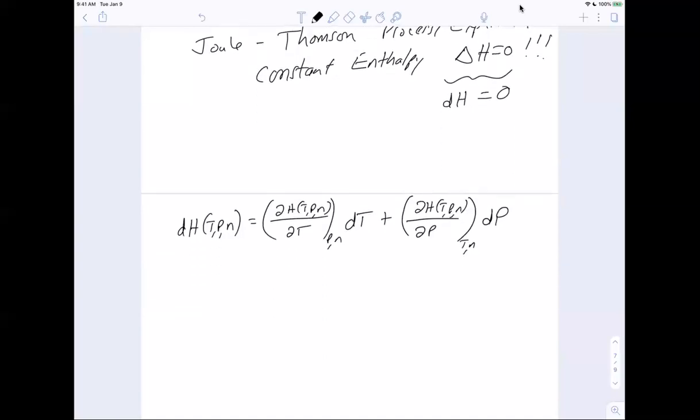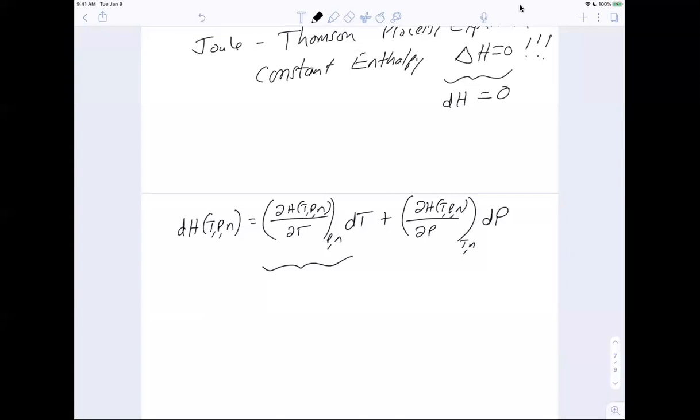And we saw last class that these partial derivatives are always taken with some constraints. When you put a constraint on a partial derivative, it's almost like envisioning a process with a constraint. In this case, if the partial of H is with respect to temperature at constant pressure, then we have a constant pressure process.